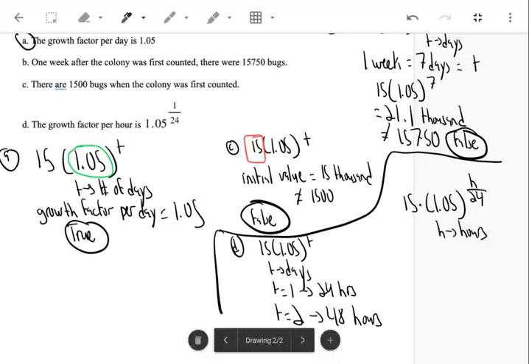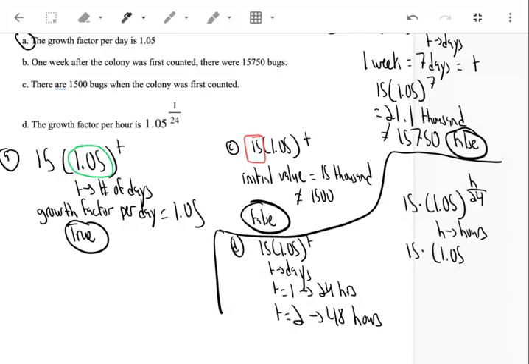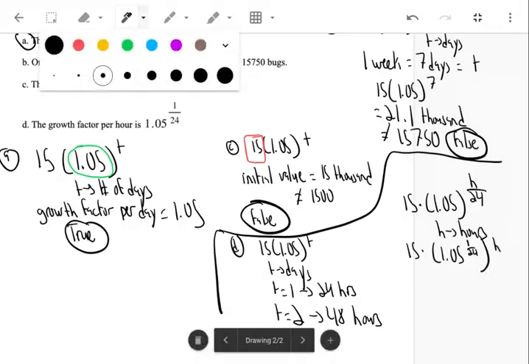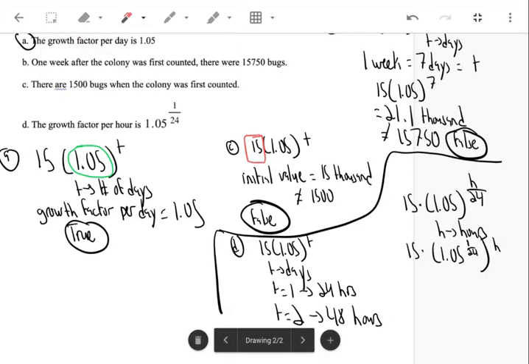And then to figure out the growth factor, I'm going to play that algebra game again. So I'm going to take the 1.05, I'm going to take the h over 24, and I'm going to convert that to 1/24 times h, right? Because remember, 1 over 24 times h is equal to h over 24. Okay, we've done numerous examples like that.